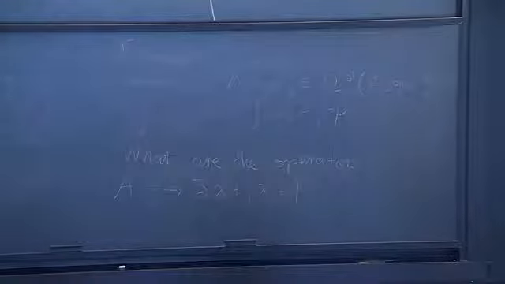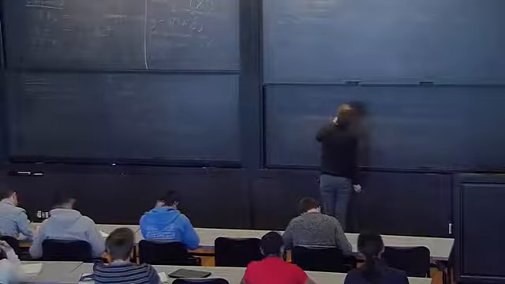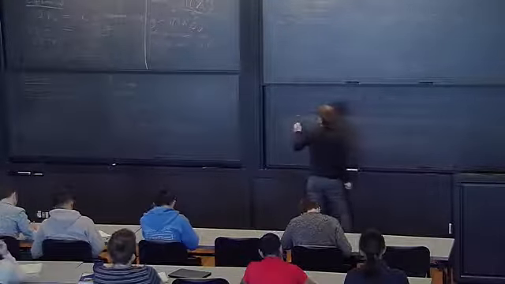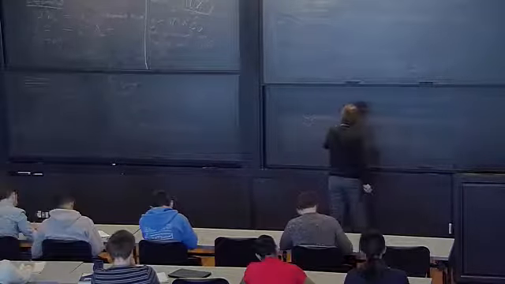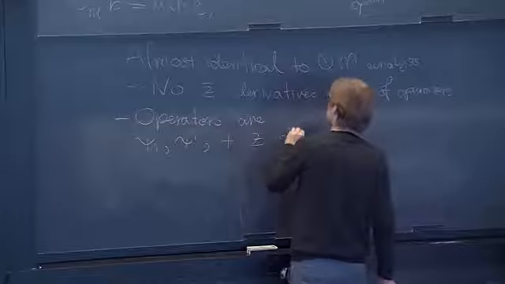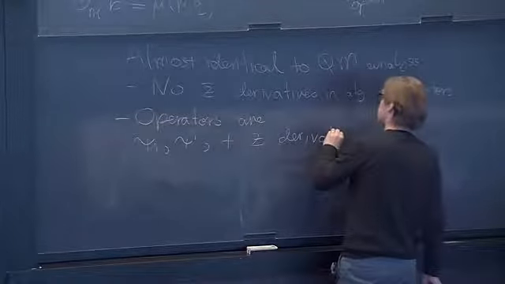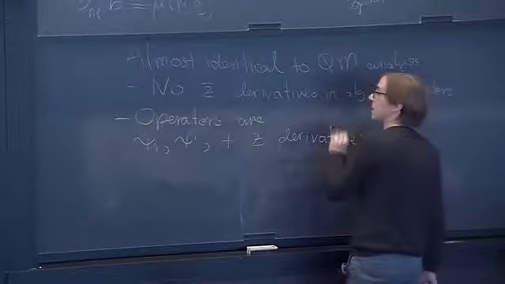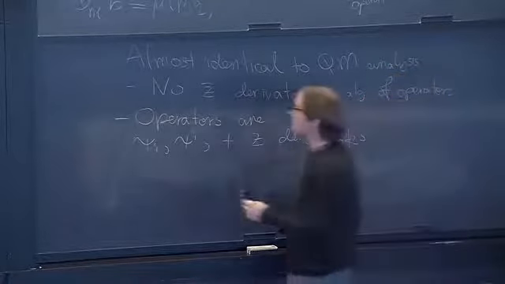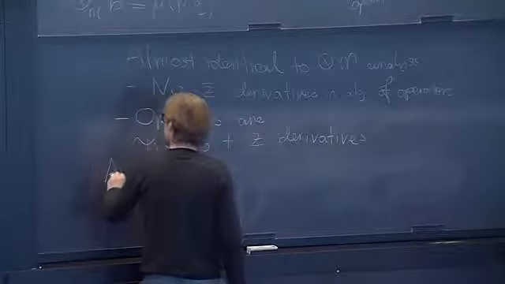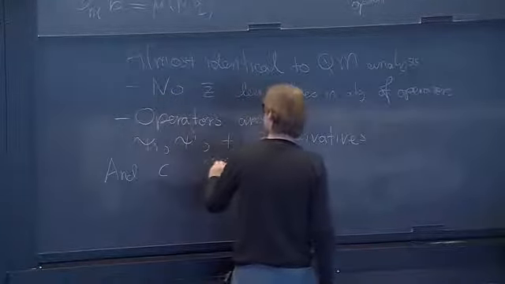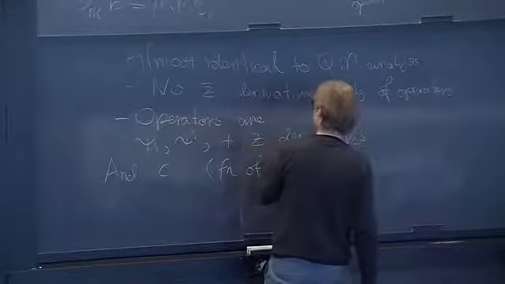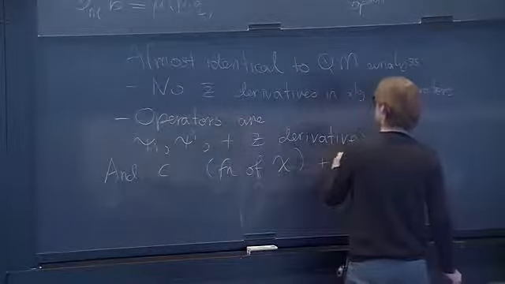So the operators are psi_i plus their z derivatives, and the C ghost, which is the function of the parameter of the gauge transformation chi, plus its z derivatives.